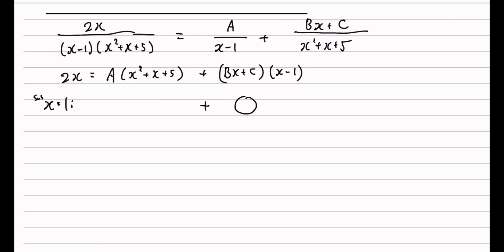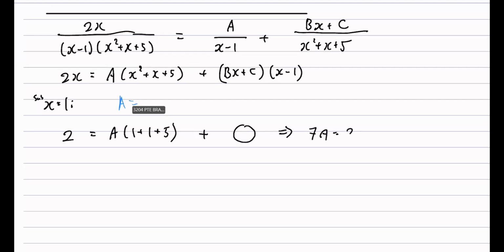When you sub x equal to 1, the 2x on the left-hand side will become 2 times 1, which is just 2. Then substituting the x with 1, I get a times 1 plus 1 plus 5, which is 7a, so 7a equals 2, which implies a equals 2 over 7. Good.